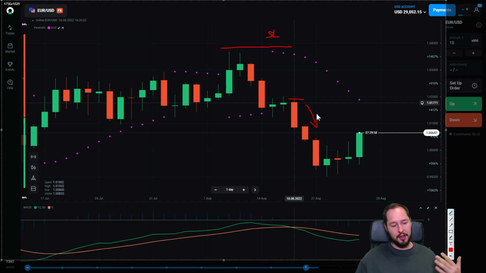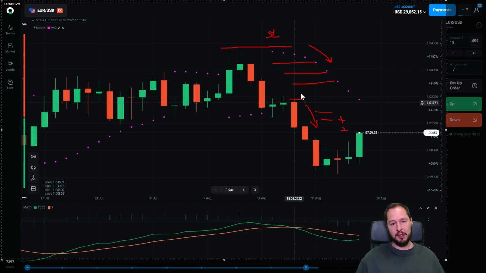This is one moment. Another moment: in this case, we're trading down and our trade is going into the positive zone, so we do have some profit. It's reasonable to actually move your stop loss. If you are not using levels of support and resistance or any additional ideas on how to put the stop loss more narrow to the current trade, you can use parabolic dots to do this.